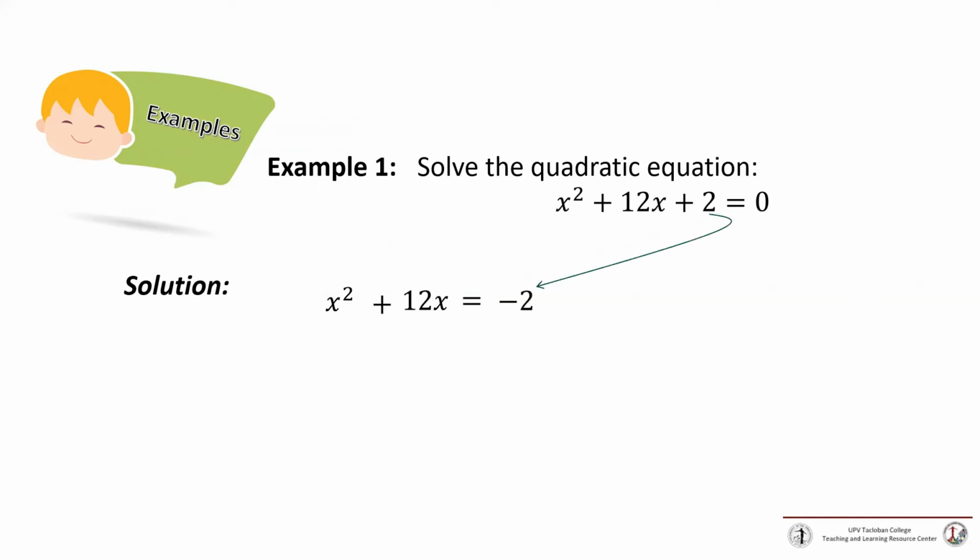So what we are doing here is just transforming the original equation into the form stated in the completing the square method.